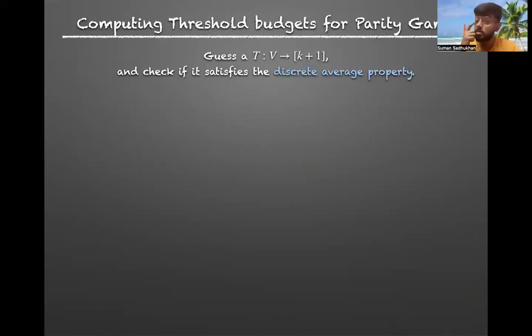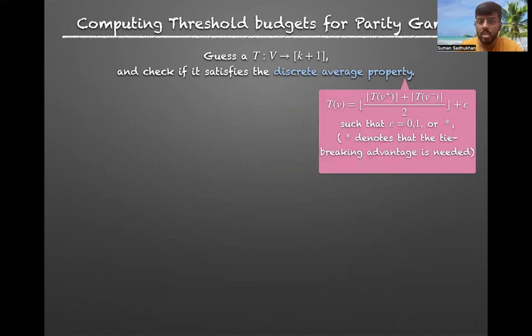So what is the procedure? We want to compute the threshold budget, right? And we know that the threshold budget satisfies the average property. So we guess the threshold budget for each vertex, and we check. The average property in the discrete setting, I have not explicitly mentioned, is slightly different from the normal average in the continuous setting, because these are integers, so we have to adjust, but we can still call it an average.